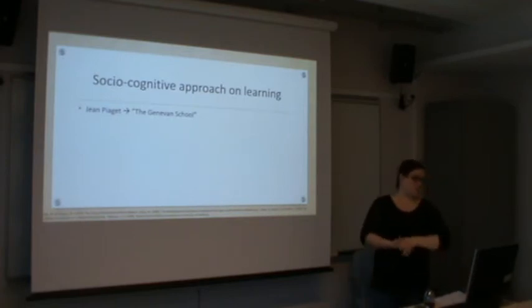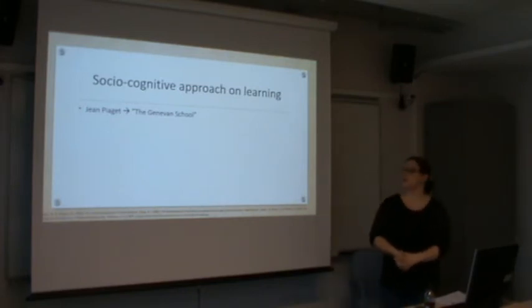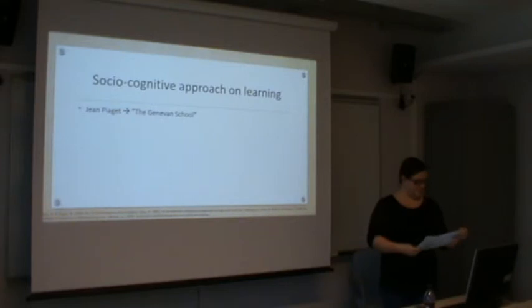And the first of those is the social cognitive approach. I think Jean Piaget is a familiar name to all of you, and after him the Genevan School presented these ideas about learning as a social cognitive process.